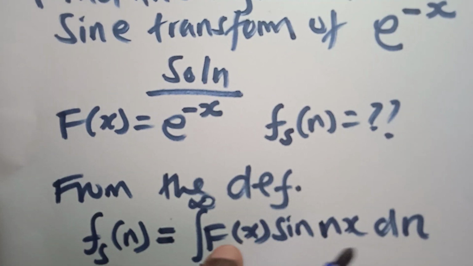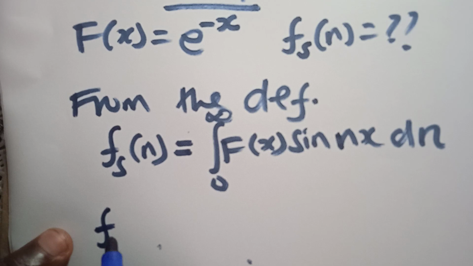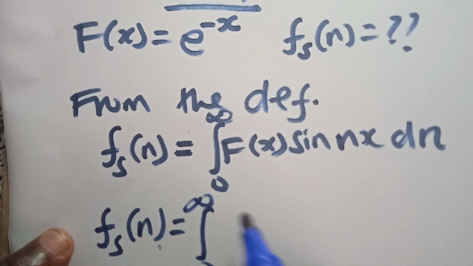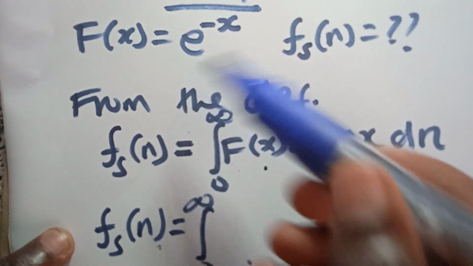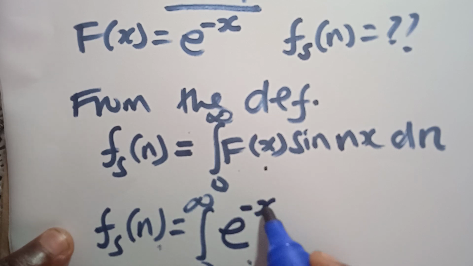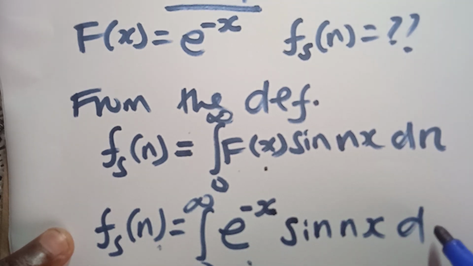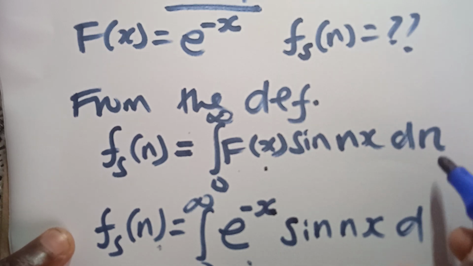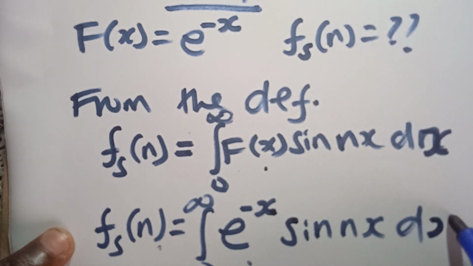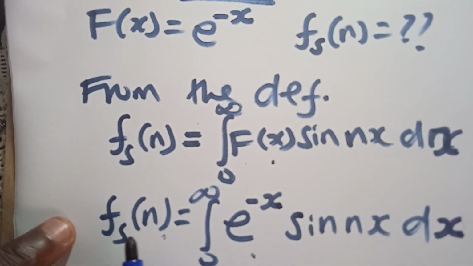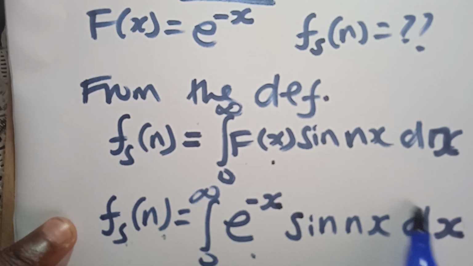Our f of x here is the given function, so we substitute e raised to power negative x, then write sine nx dx. For us to be able to get the Fourier transform, we need to evaluate this integral.